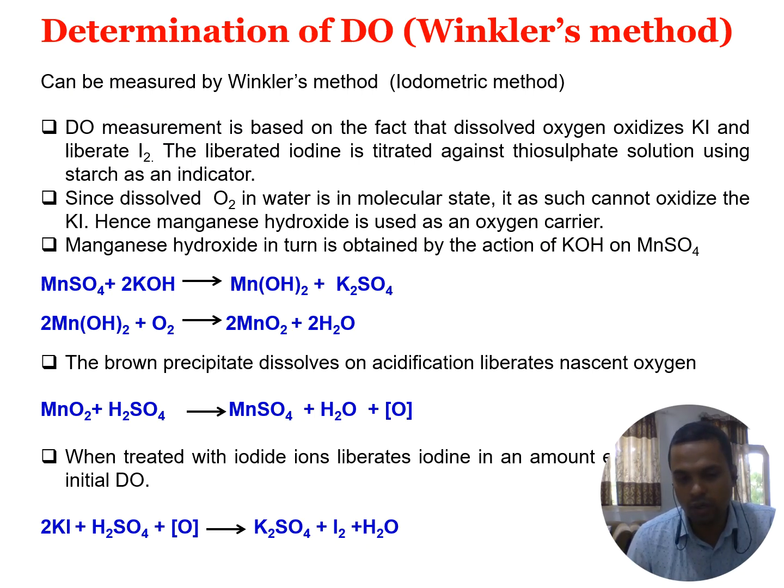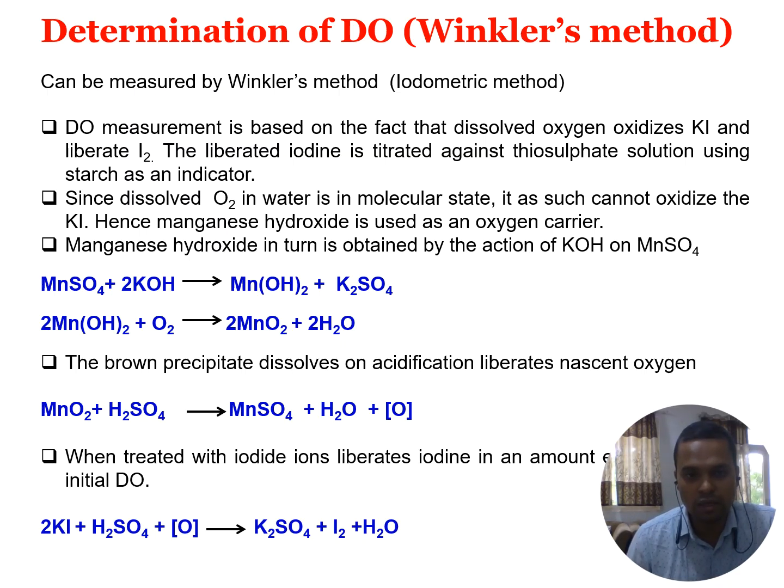But before going to that reaction, something happens first. We use manganese sulfate in basic condition. Since the dissolved oxygen in water is in the molecular state, it cannot oxidize the KI to iodine, so for that we need atomic oxygen.